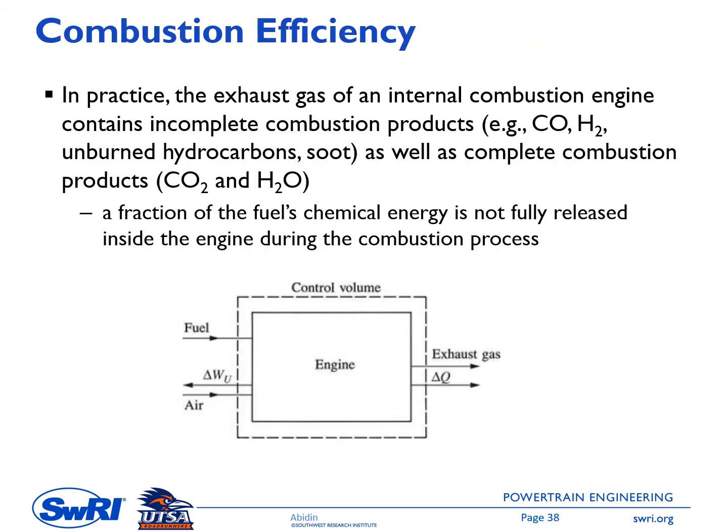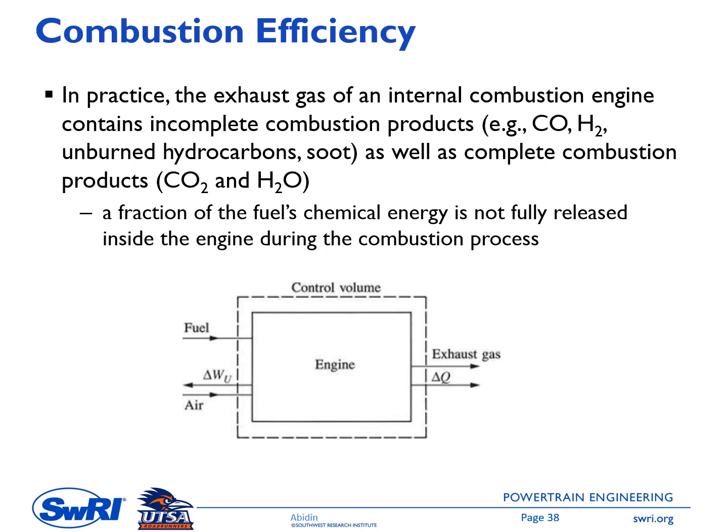Next one, combustion efficiency. In practice, the exhaust gas of an internal combustion engine contains incomplete combustion products. So we have CO, we have H2, unburned hydrocarbon, soot, and so on. So it means we don't burn the fuel completely. There is some unburned fuel at the end of the combustion process, so a fraction of the fuel chemical energy is not fully released inside the engine.